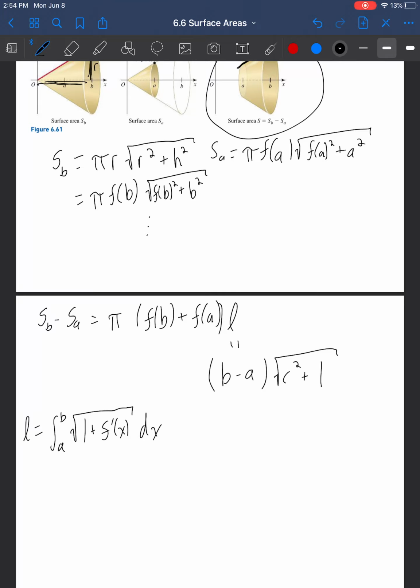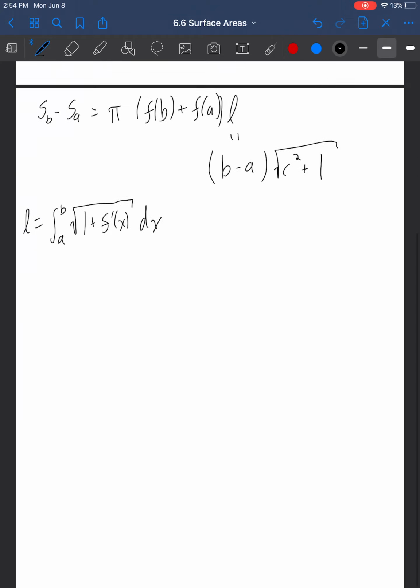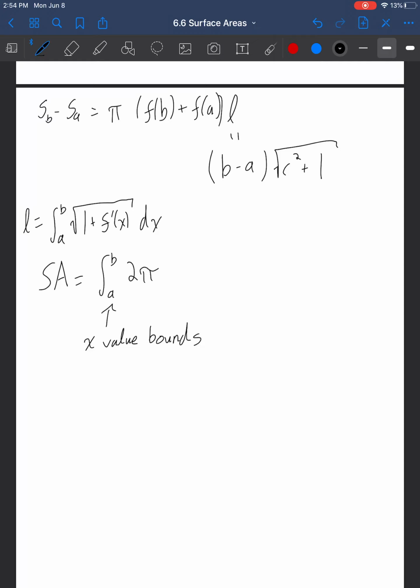And so f of b plus f of a, if we're just looking at one specific point x, is just going to be 2 times f of x. So our surface area formula is the integral from a to b, where these are the x value bounds, of 2 pi f of x.